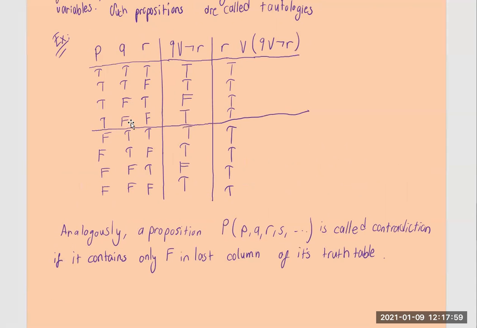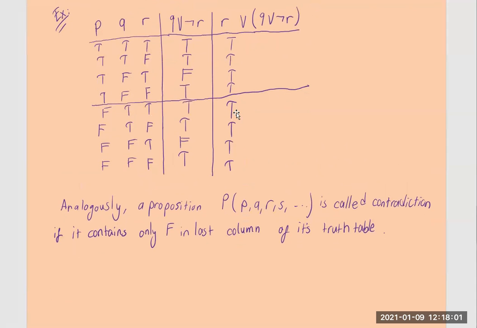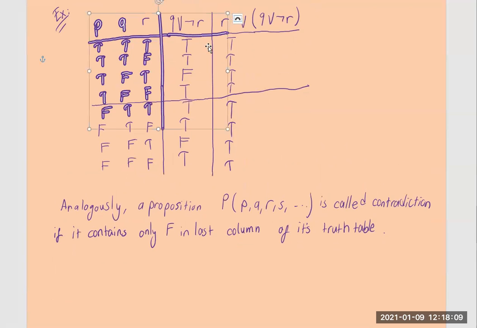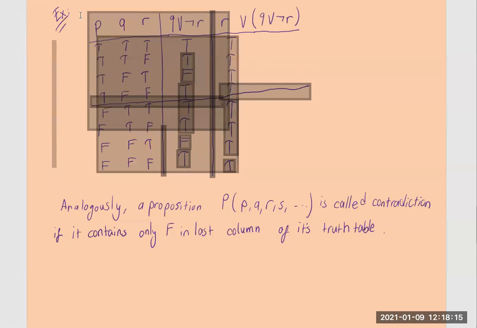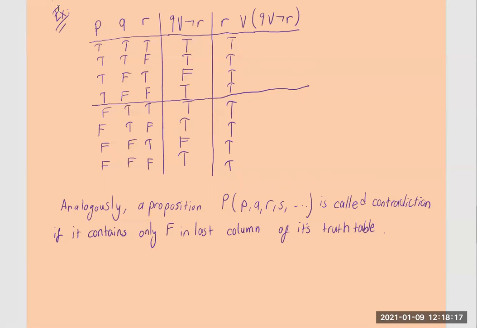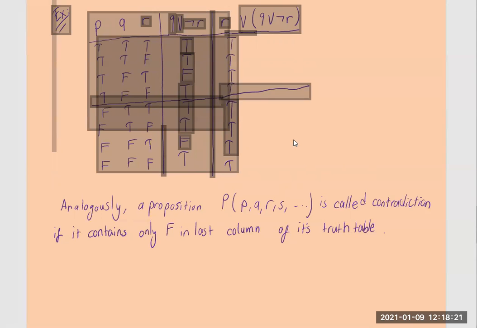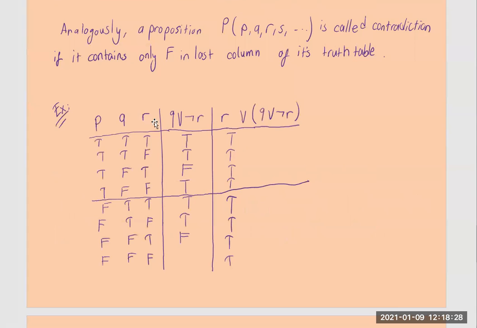The reverse of that table, we will say this is a contradiction, right? Okay, can we take all this? Is there any way? Let's try to copy here.